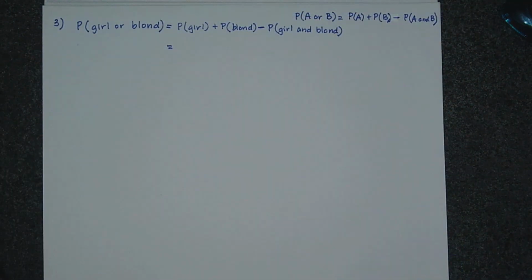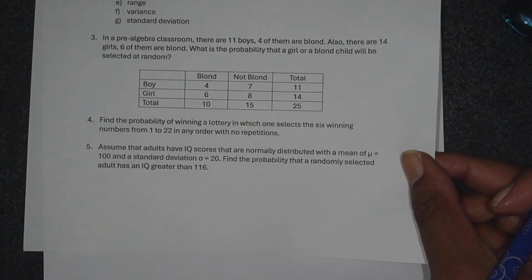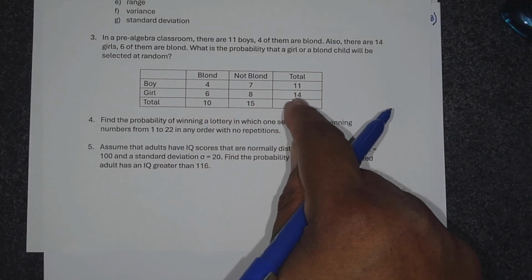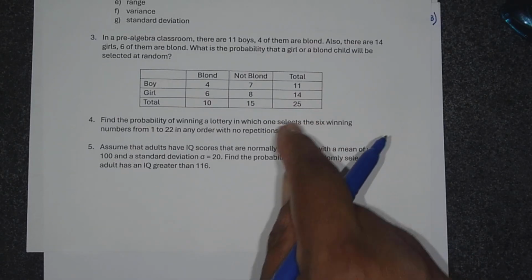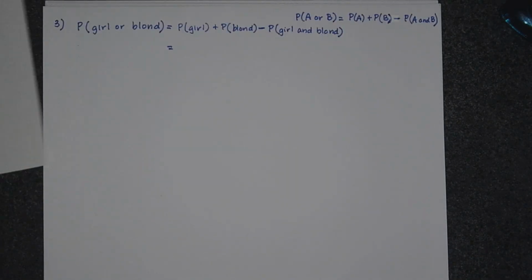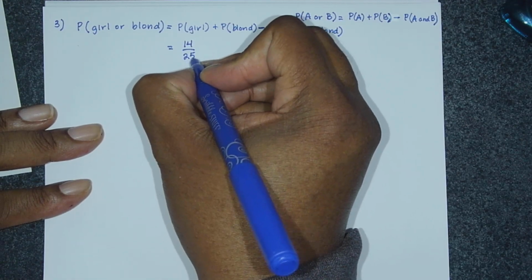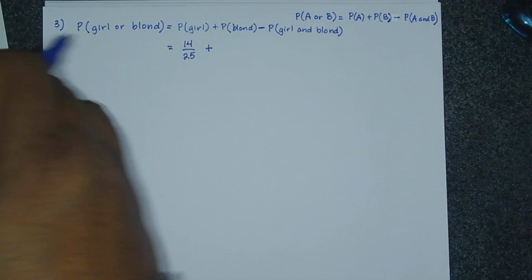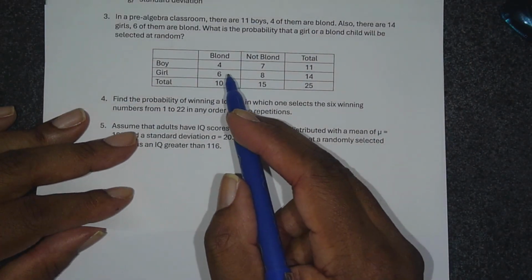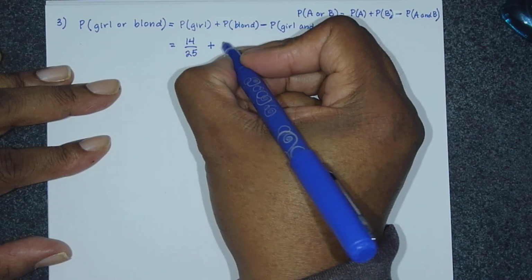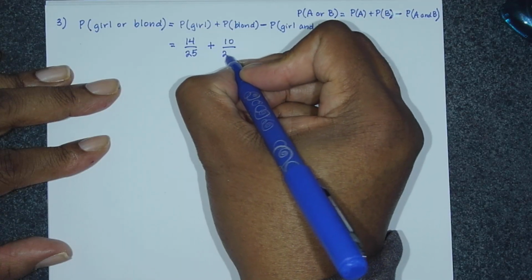Now, let's see here. From this table, how many girls are there? How many girls total? 14, and the grand total is 25. So the probability of selecting a girl would be 14 over 25 plus, let's see, how many blonde people do I have total? 10 out of 25. So add to it 10 over 25.